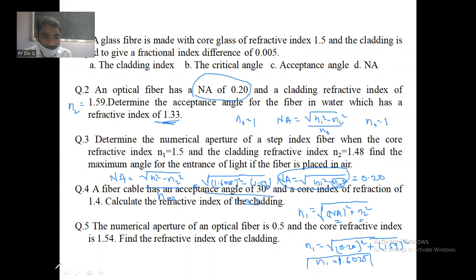Okay, NA is equal to square root of 1.6025 square minus 1.59 square, whole divided by 1.33. We check it. किती येते आन्सर बघा NA चं.